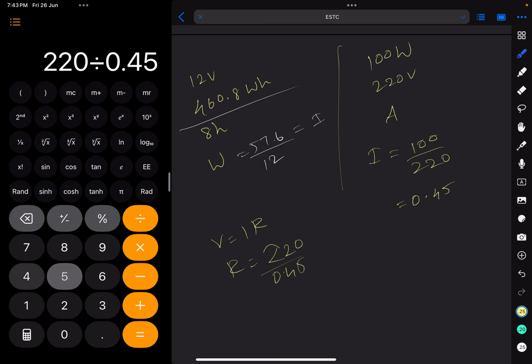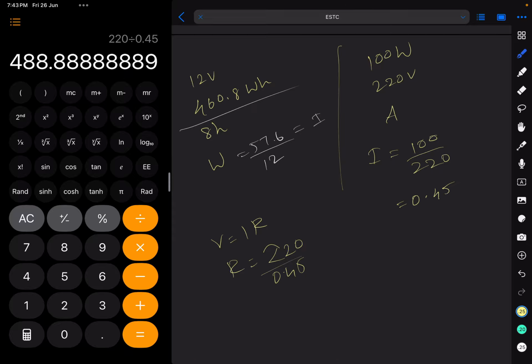R is equal to V by I, no? V is what? 220. Yeah, 220. I is 0.45 only, no? 220 by 0.45. Wait a minute. Correct? 488.